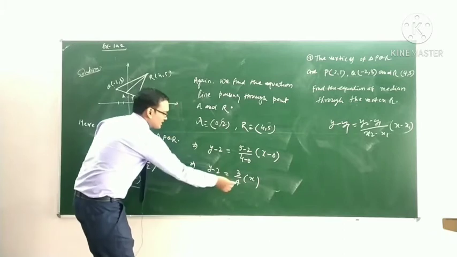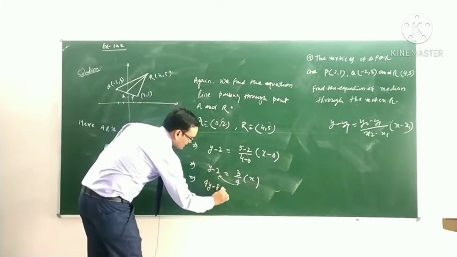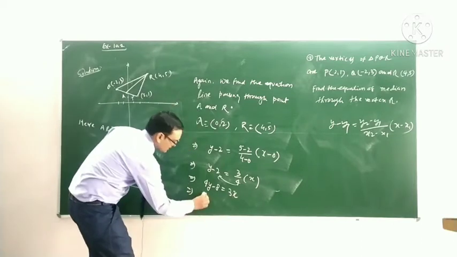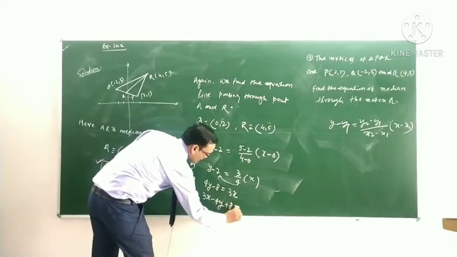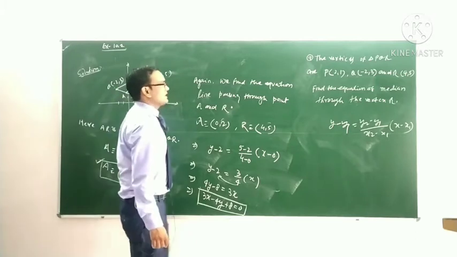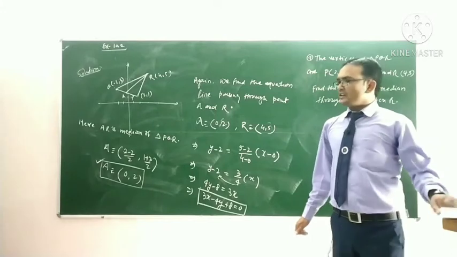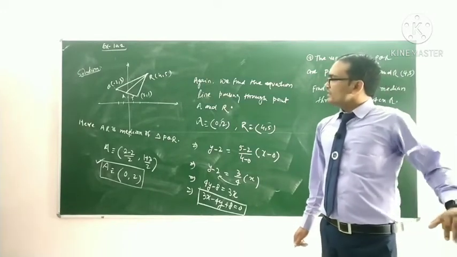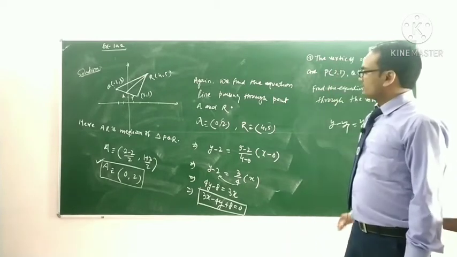This implies that 4y minus 8 is equal to 3x. This implies that 3x minus 4y plus 8 equals 0, which is the equation of the straight line passing through the points A and R, where AR is the median of triangle PQR.